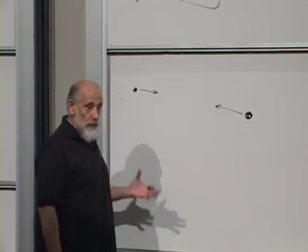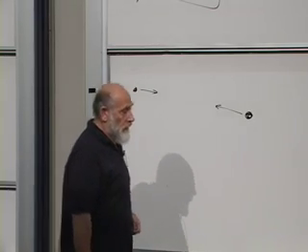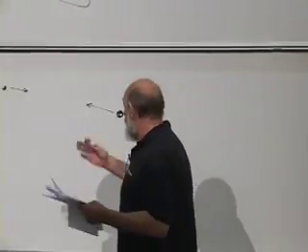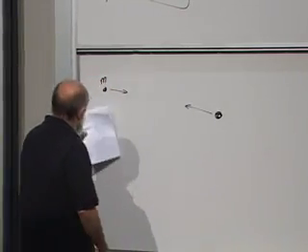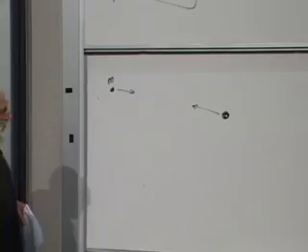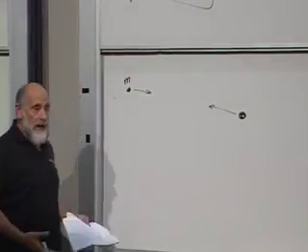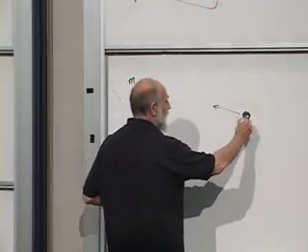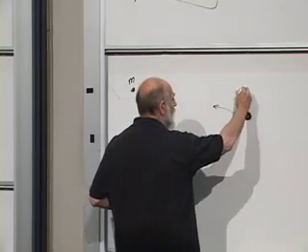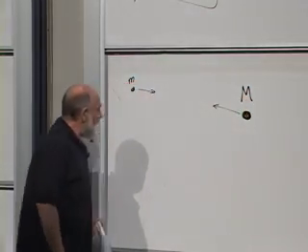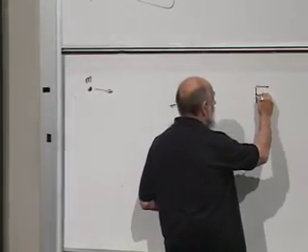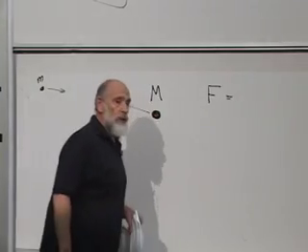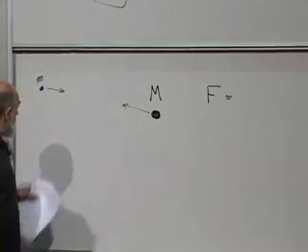Equal and opposite forces, and the magnitude of the force of one object on another, let's characterize them by a mass. Let's call this one little m. Think of it as a lighter mass, and this one, which we can imagine as a heavier object, we'll call it big M. All right, Newton's law of force is that the force is proportional to the product of the masses.